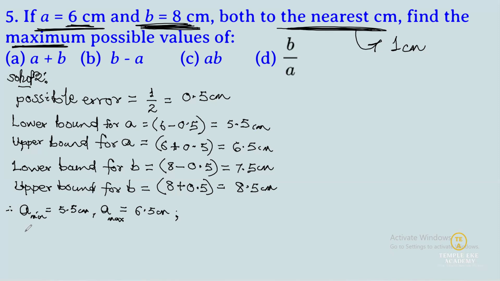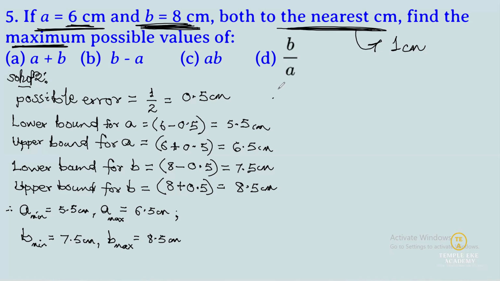In a similar manner, we have the minimum value for B, the lower bound for B, of course, 7.5. And finally, the maximum value for B, B maximum, the highest possible value for B, is 8.5. With these 4 values, we can solve any of the questions following.